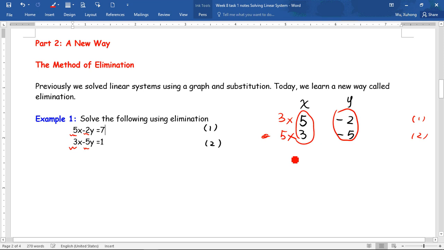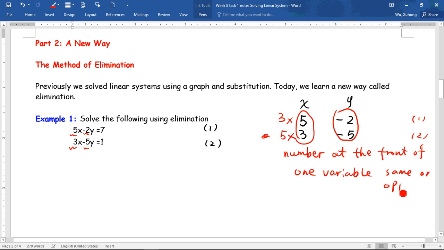So the main idea here is we want a number at front of one variable, same of one variable, same or opposite.